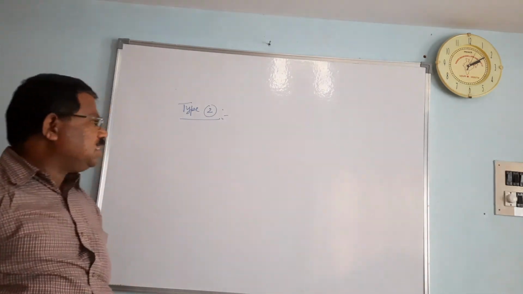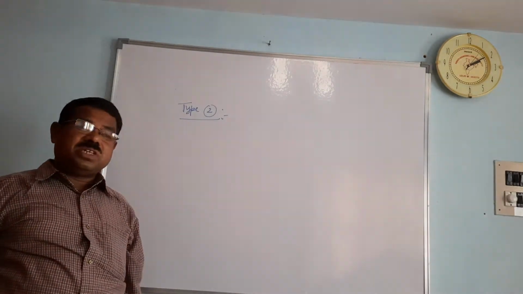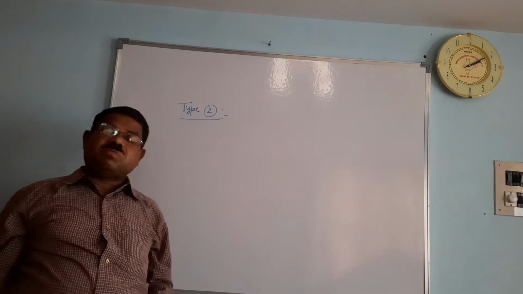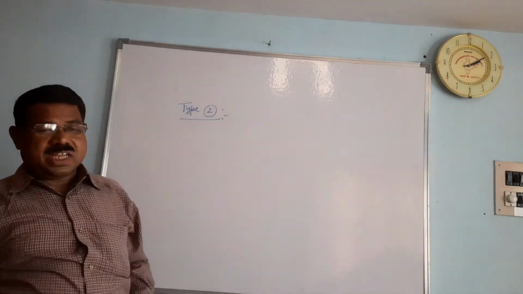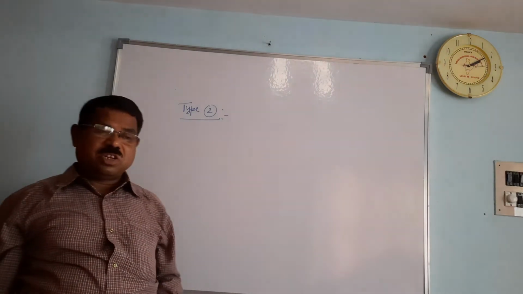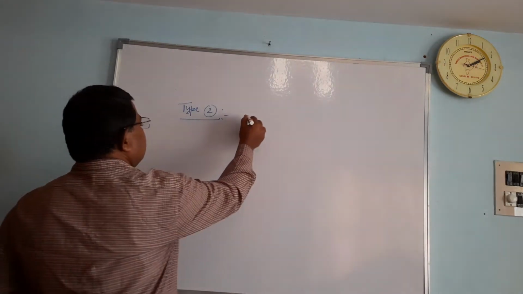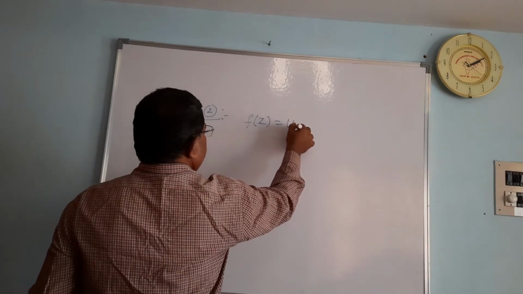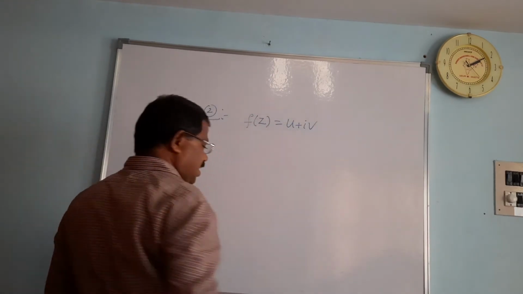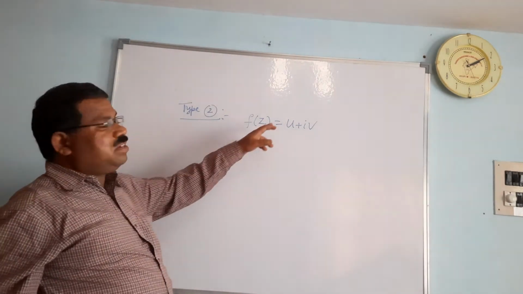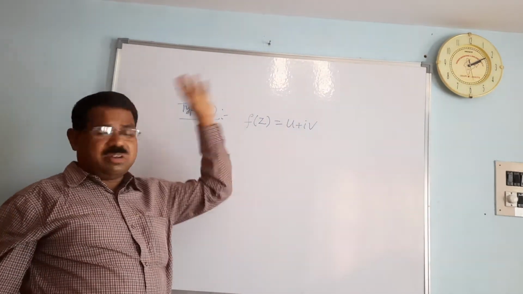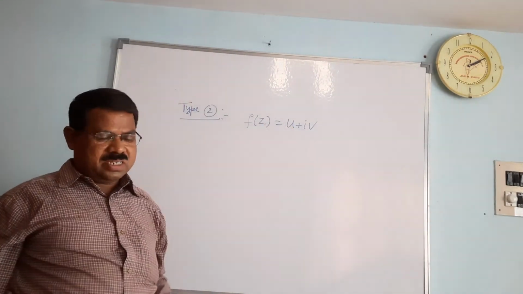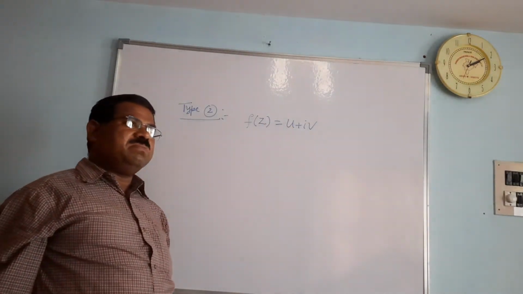Type 2 problem is where the given is either the real part or the imaginary part. Real part means take as u, imaginary part is v. This is f of z equals u plus iv. In this, either the real part or the imaginary part is given. This is the second type of problem.